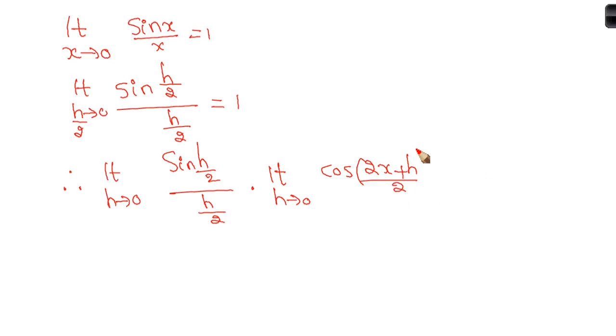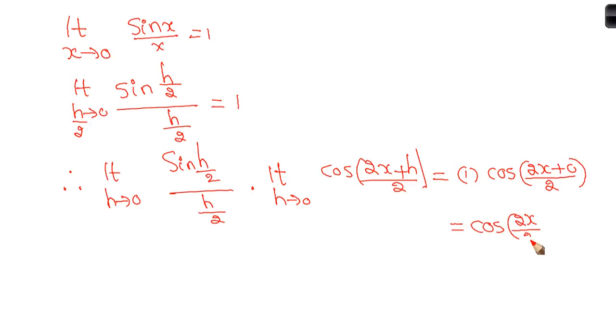That would be the same as, just replace h with 0 in this cos, 1 into cos of (2x plus 0) by 2, that would be cos 2x by 2. The 2 and 2 get cancelled, so we are left with cos x. So the derivative of sin x is cos x.